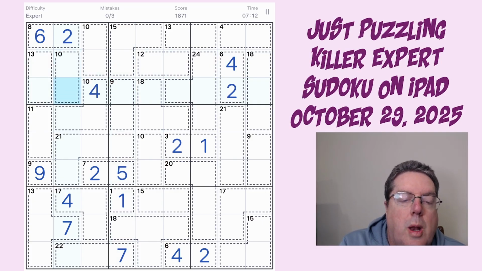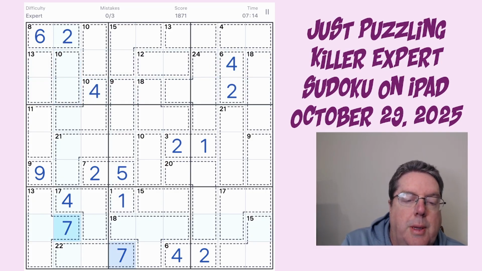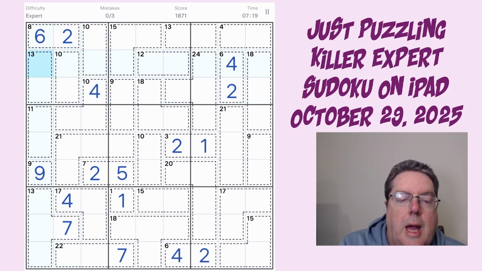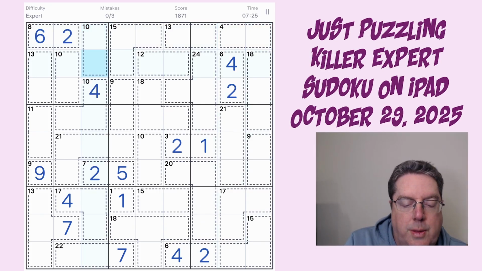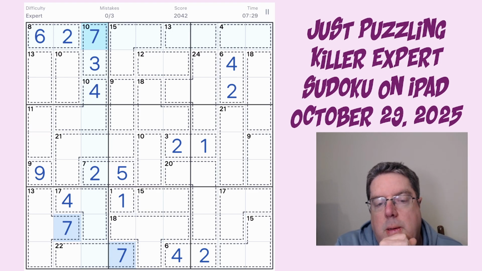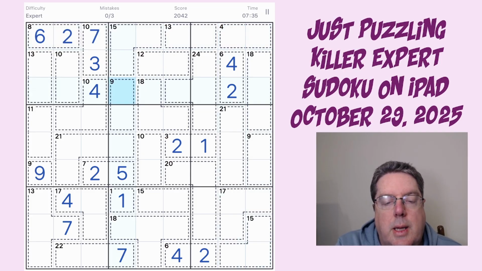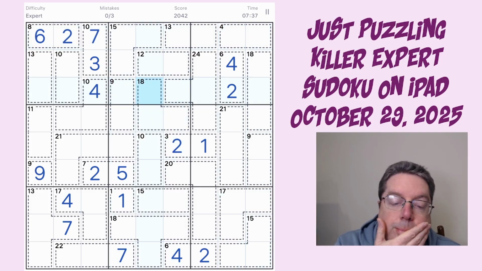So this can be 1 and 9 or 3 and 7. Well, it can't be a 7, so this is 1 and 9. 8 and 5. 3 and 7. So 3's there, so this has got to be a 3 here, leaving this to be the 7. So 3 is up there, so 3 is down here, which is 3 and 6.